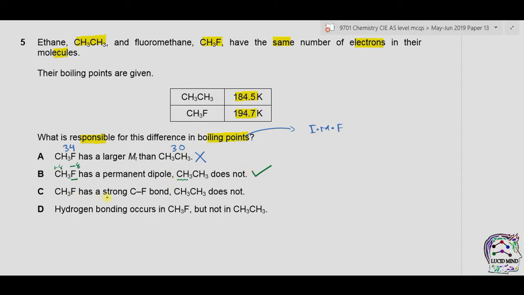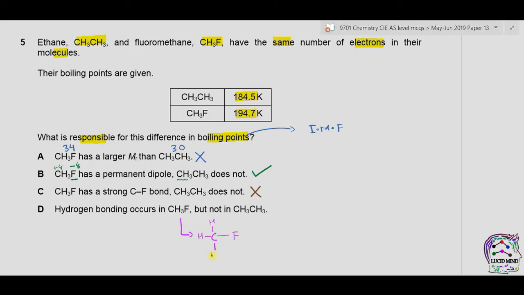C. CH3F has a strong carbon-fluorine bond, CH3CH3 does not. Now this part is true because carbon-fluorine bond is very difficult to break, but what happens in boiling point is that we do not break any bonds, only the intermolecular forces are overcome, so therefore C is wrong. D. Hydrogen bonding occurs in CH3F but not in CH3CH3. In CH3F we can see that hydrogen is bonded to carbon atom, while carbon is bonded to fluorine atom.